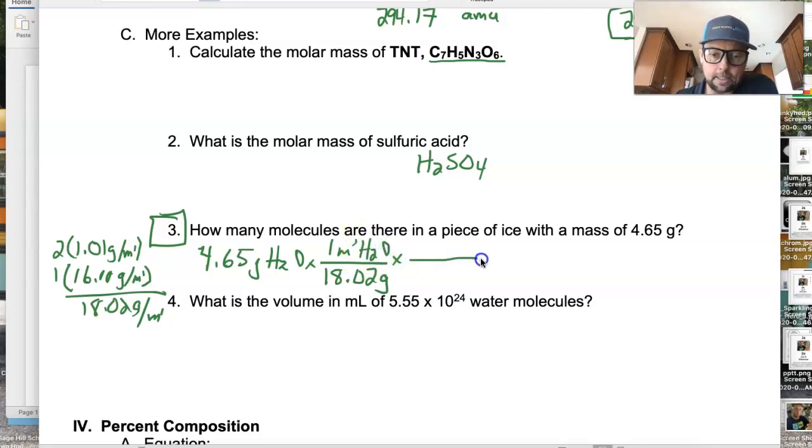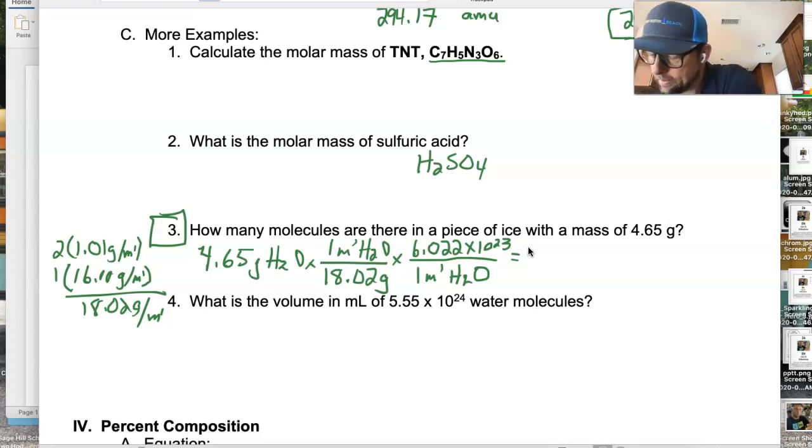So our next step is converting from moles of water molecules into the number of water molecules, and we get 1.55 times 10 to the 23rd.